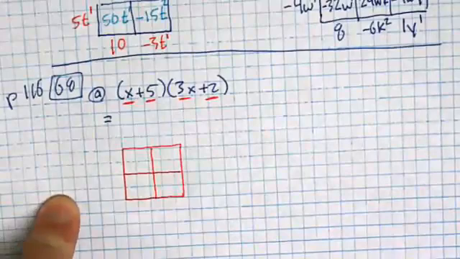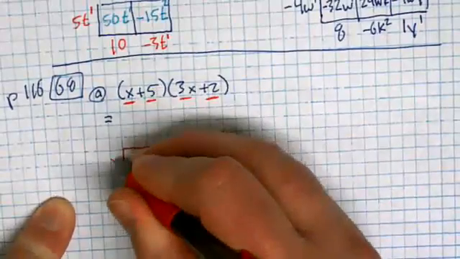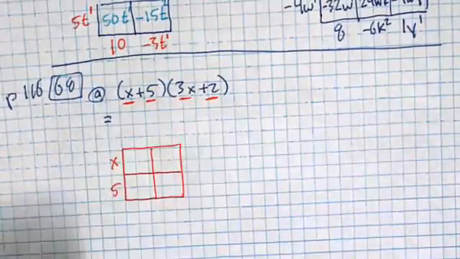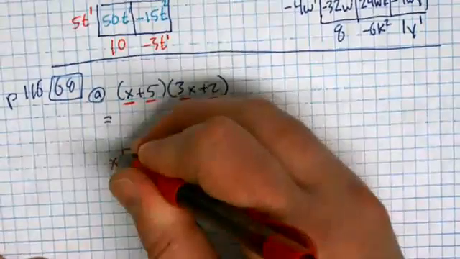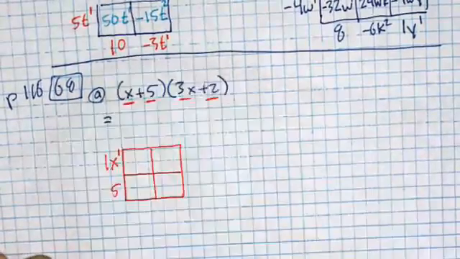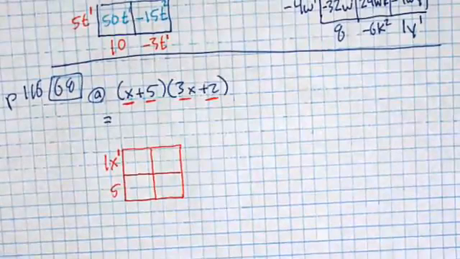So when I set this up, I'm going to have an x and a 5 on the left-hand side. And I'm going to use those good habits that you guys were showing me and put some 1s on that x. Exponent of 1 and a coefficient of 1.